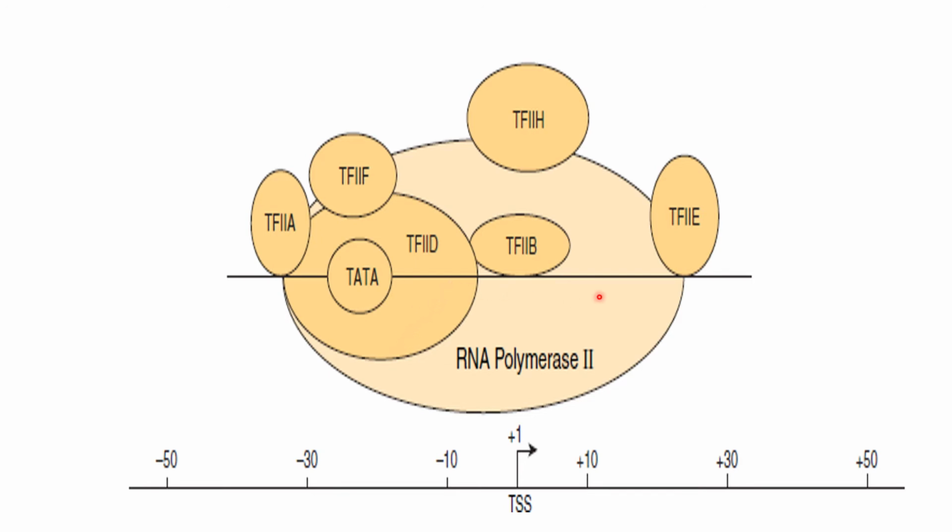The recruitment of one general transcription factor will initiate the recruitment of other transcriptional factors so as to form a transcriptional complex. This complex will initiate RNA polymerase II so as to start the transcription from the transcriptional start site.